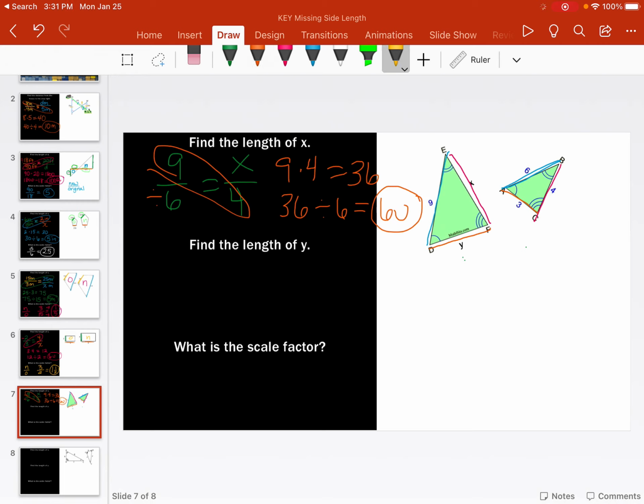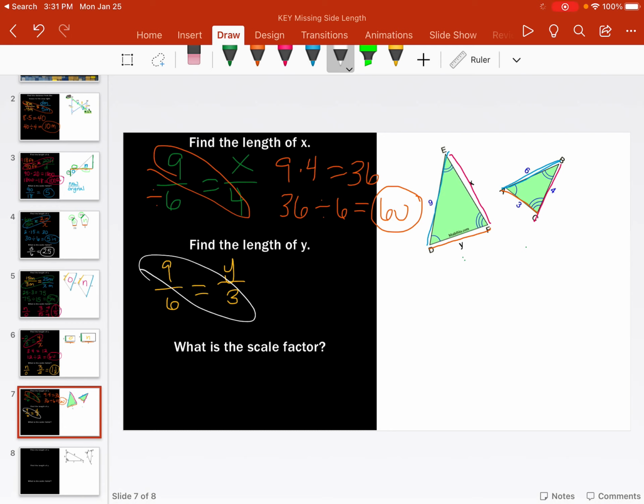Okay, same idea for my y. Use your blue, and this time the orange down there at the bottom. Now that you know what X is, you could use that number, but just in case you did something wrong on that one, I always like to go back to the ones that they gave me for sure. So set that one up and solve for y. Okay, I would have done 9 over 6 equals y over 3.